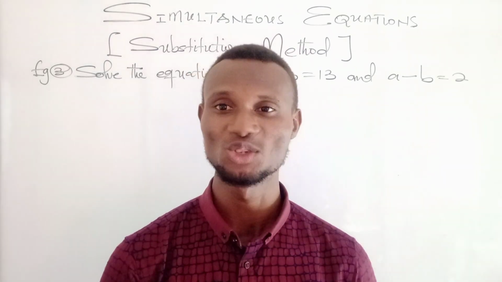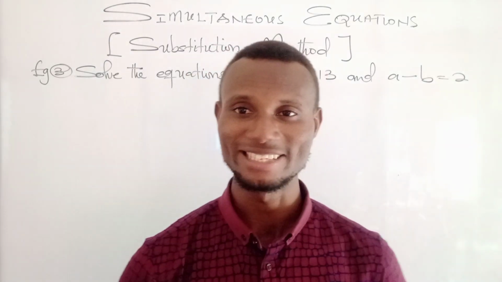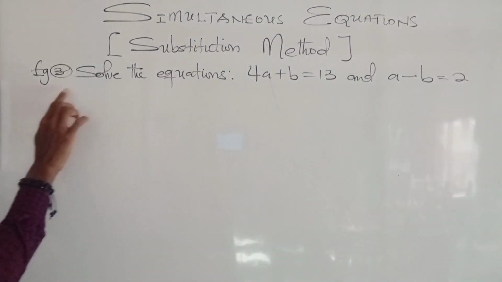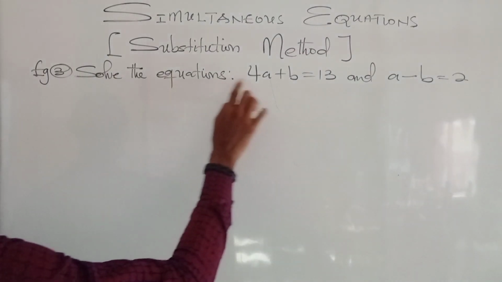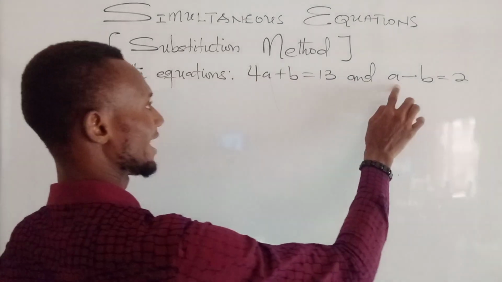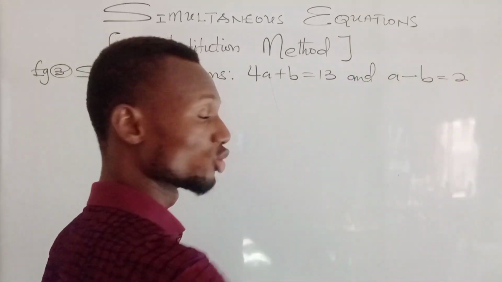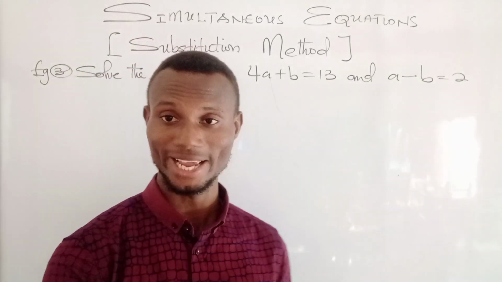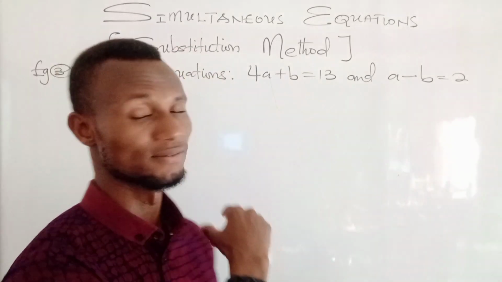Let's go ahead and solve the example 3 that I have on the board. Example 3 says solve the equations 4a plus b equals 13 and a minus b equals 2. So we are solving for the values of a and b in the given equations.